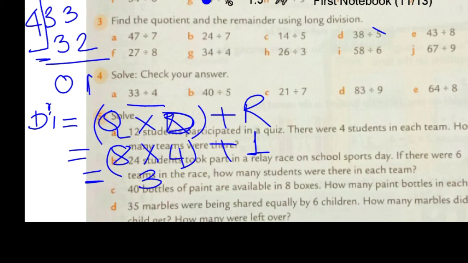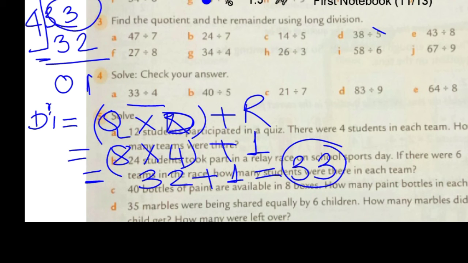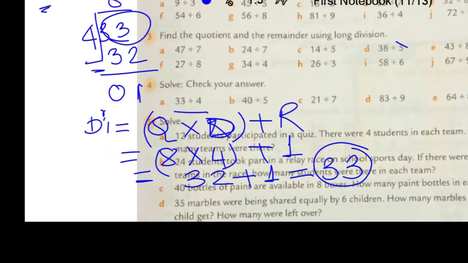Now 8 4s are 32 plus 1 equals 33. So here and here, both the places dividend is the same. It means our question is right. Got it? So like this you can check your answers.